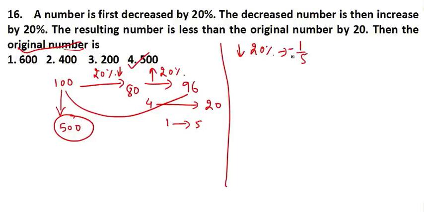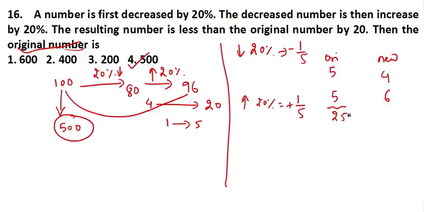Since it got decreased, I gave a minus sign. Then again it got increased by 20%, which means 1 by 5. Here will be a plus sign. So this is the original and this is new. We know that the original number is always the base number. Before it was 5, now it becomes 4. Before it was 5, now it becomes 6. So before it was 25, now it becomes 24.